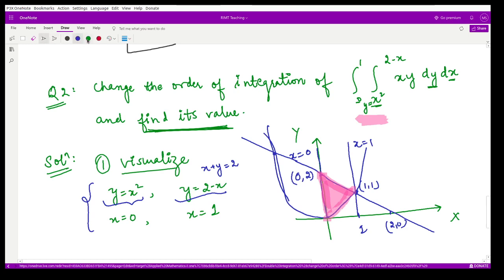So that means previously you were given, you have to take the vertical line.